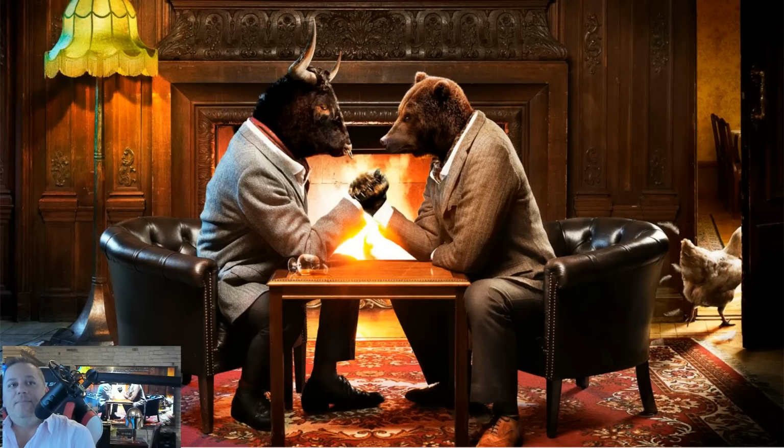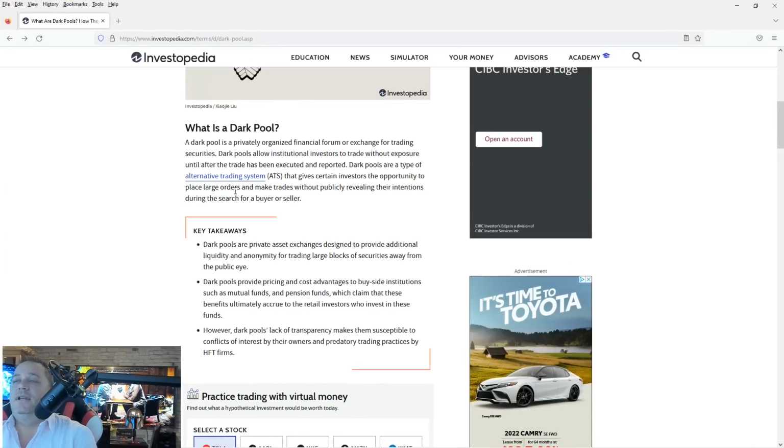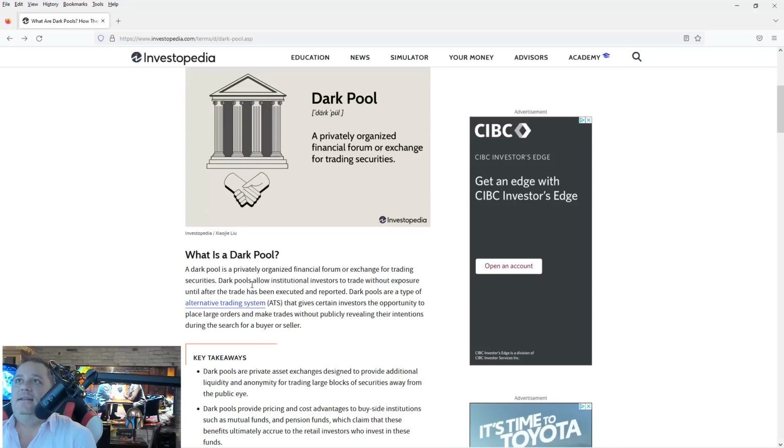If you go to Investopedia, instead of me explaining exactly what a dark pool is, you could basically read on Investopedia and it'll give you a clear understanding. I like how they laid this out here.